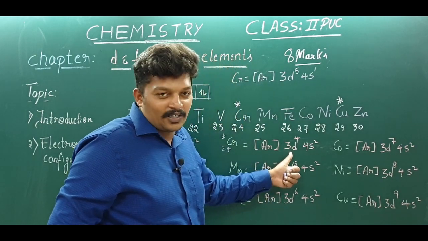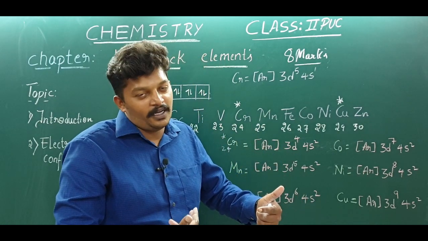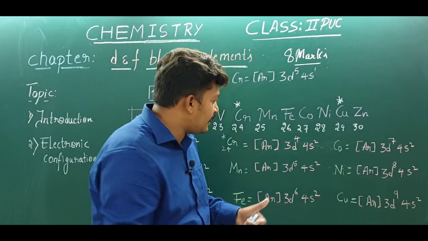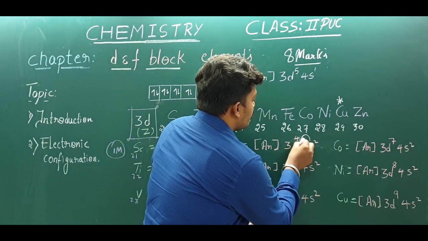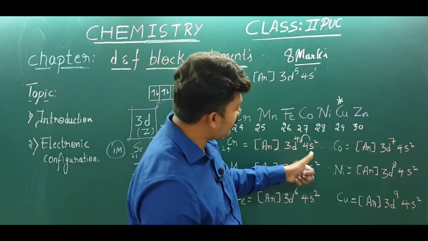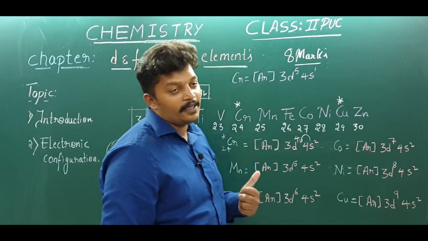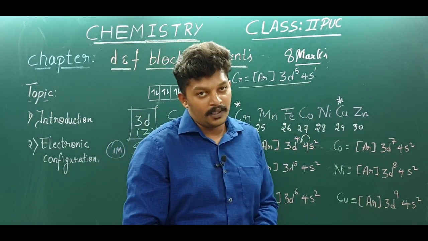It has 4 electrons, so it requires just 1 electron to become half filled. If it is half filled, it is stable. So what happens? It will borrow 1 electron from 4s. So 4s will give 1 electron so that it becomes 3d5. This is the most expected question for 1 mark.